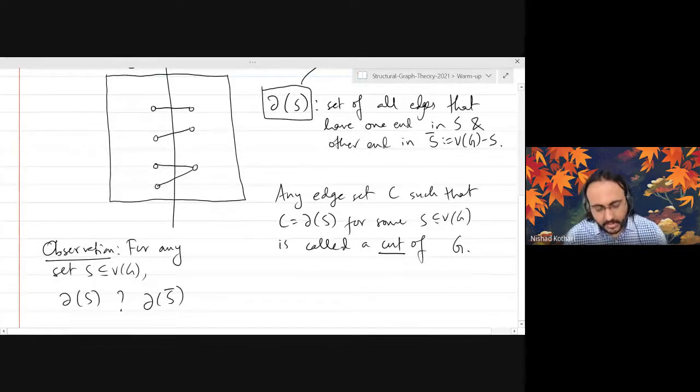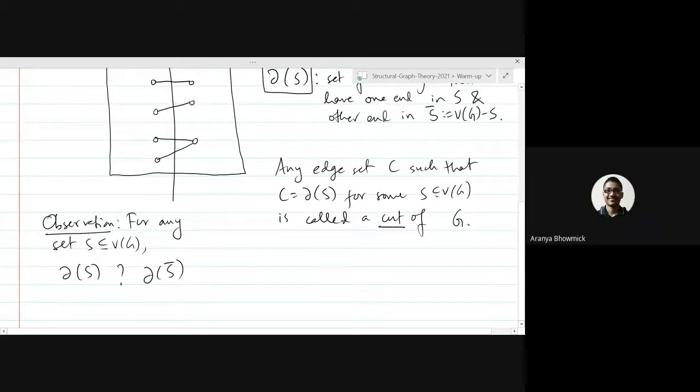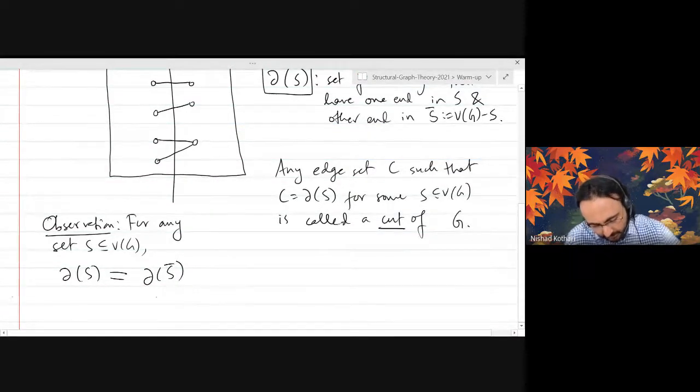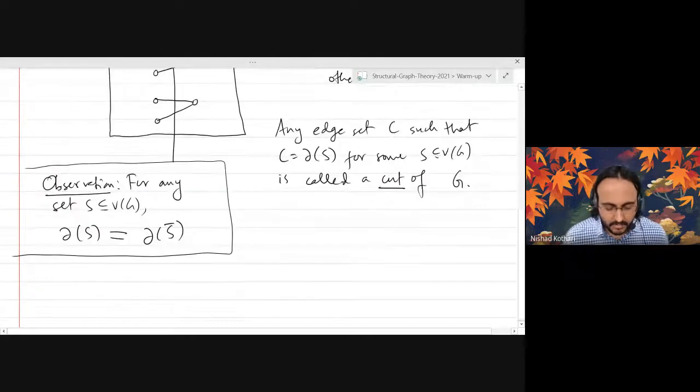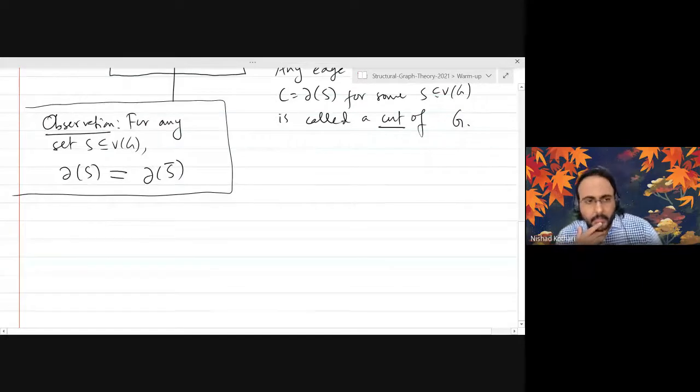Can anyone tell me how they are related? They are exactly the same. That's the relation, by definition. So it's a symmetric definition with respect to the vertex set.